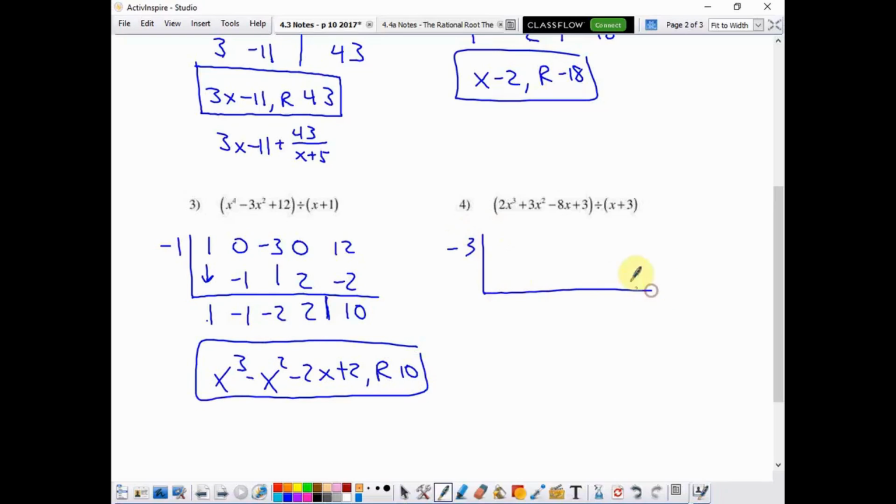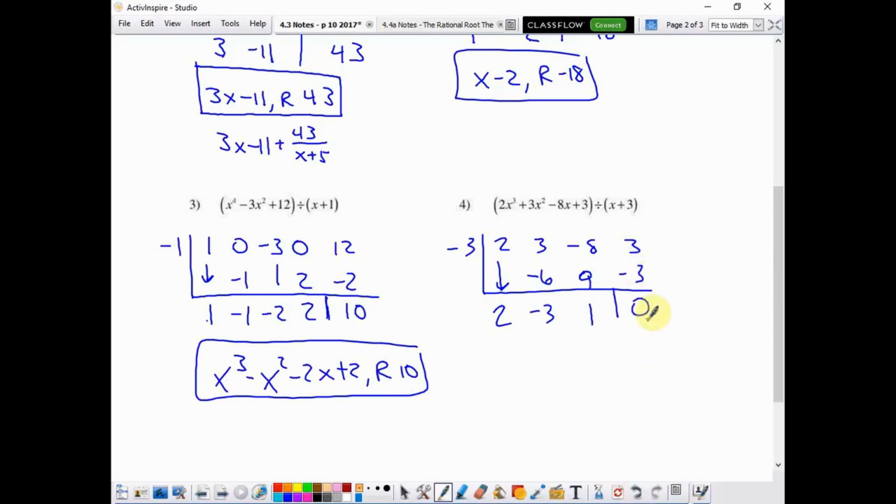Negative 3. I have a constant, x squared, x cubed. No missing powers here. So 2, 3, negative 8, 3. Bring down the 2. Multiply. Add. Multiply. Add. Multiply.